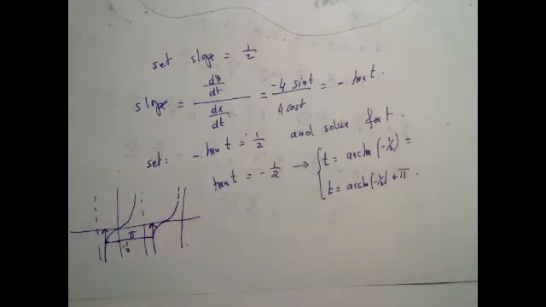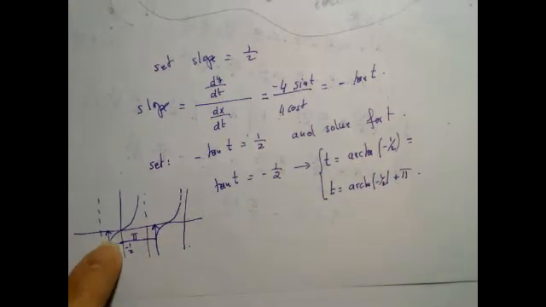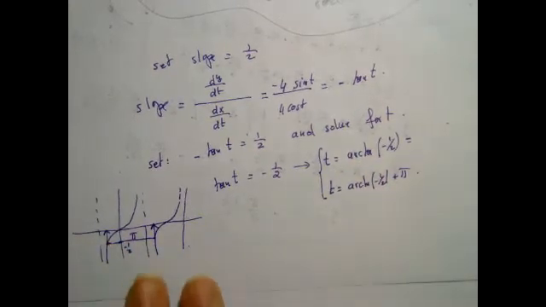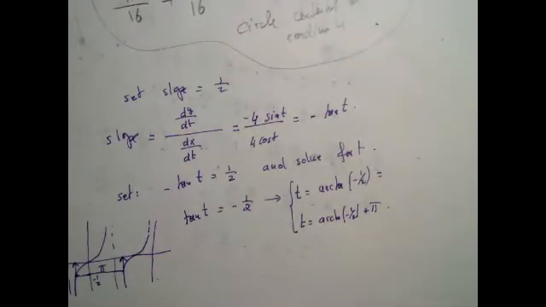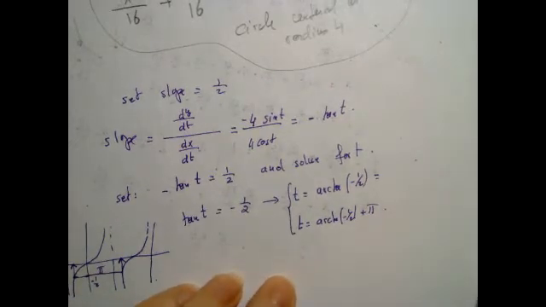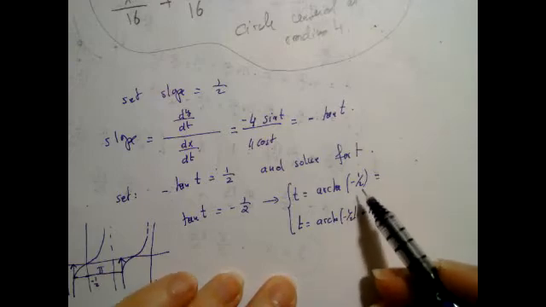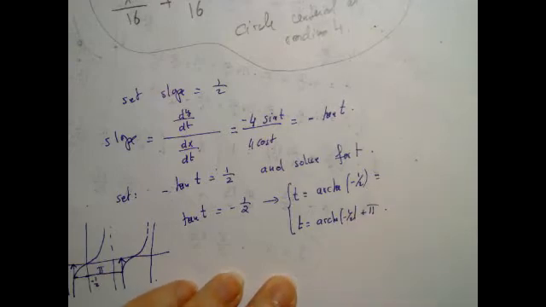So it takes the same value every pi. And now the question is simply, because there is no nice angle whose tangent is minus 1/2, we're going to evaluate those values.